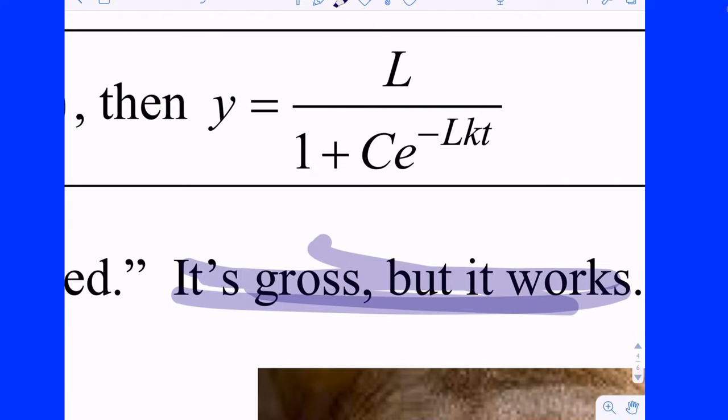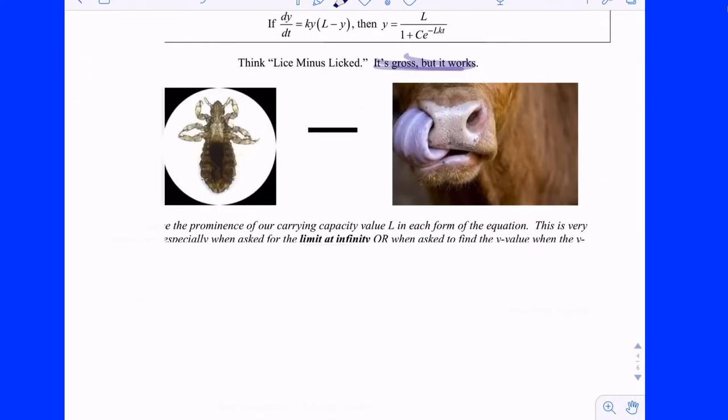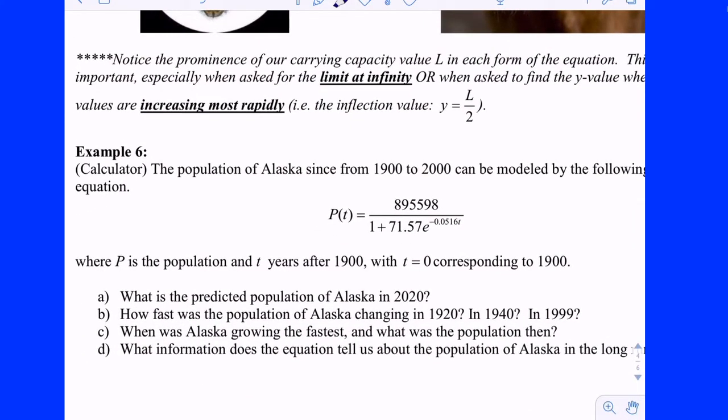You have to be careful here, though, that in this problem, C is not necessarily your initial value. It's not necessarily your y-intercept like it is for the sect equation. You would have to plug in a 0 for t and see what actual value you get. Okay? So here is an example. Calculator active.